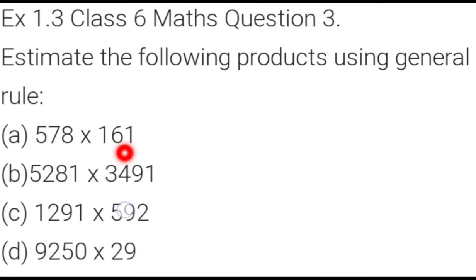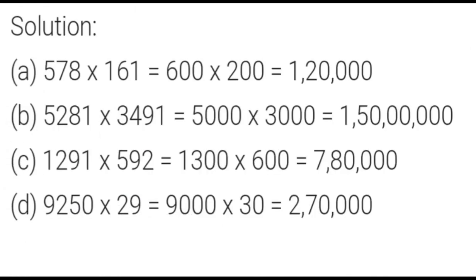So in the place of 161 we will be writing 200. So for this it is 600, and for this it is 200. Multiply 600 and 200, and your answer comes as, yes, 1,20,000.